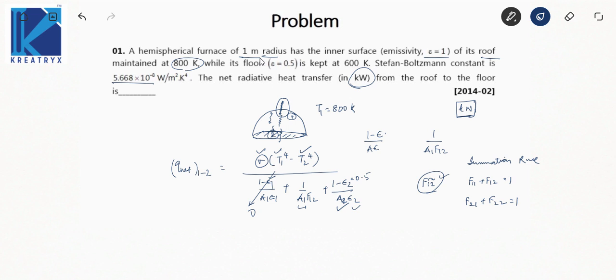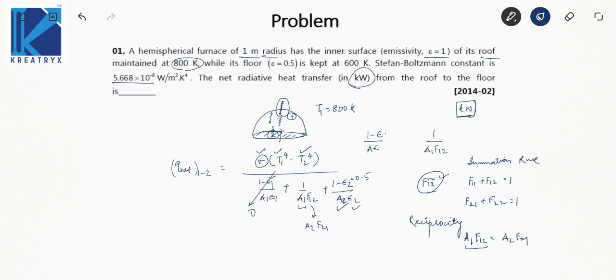And the other is the reciprocity theorem, which says A1 F12 is equal to A2 F21.